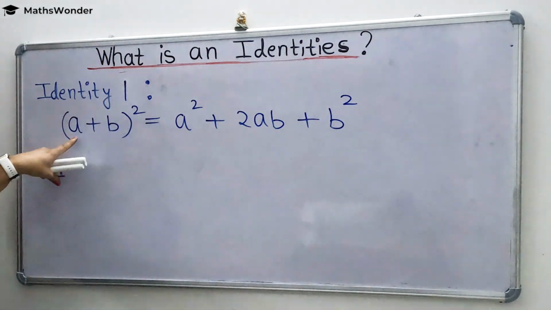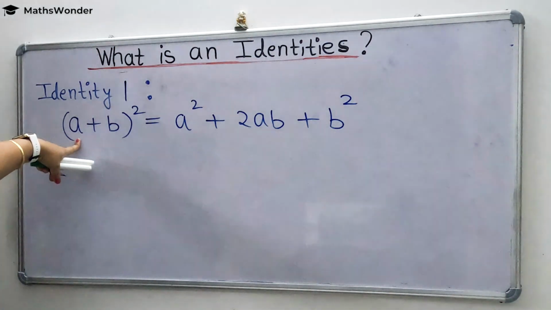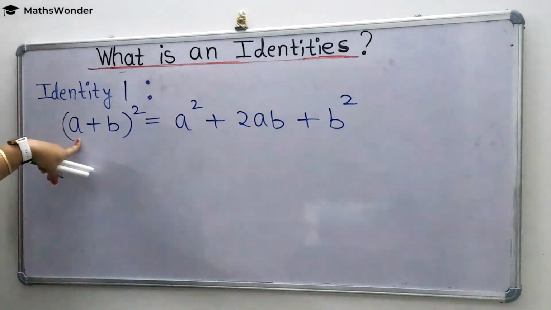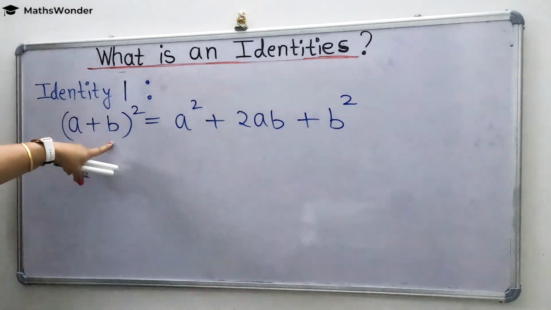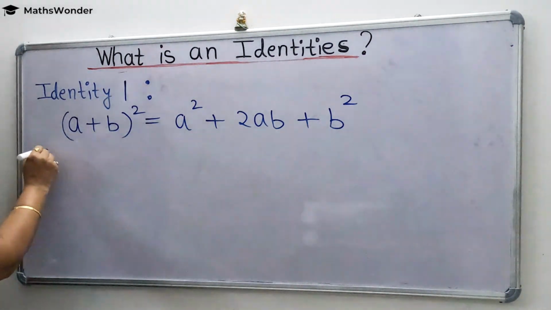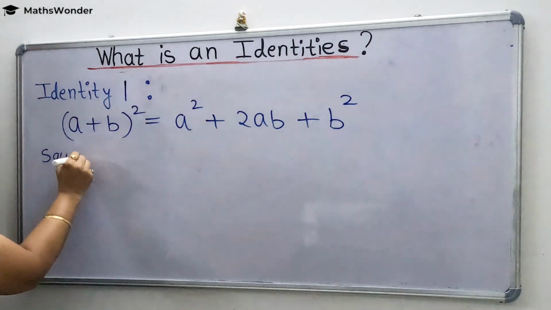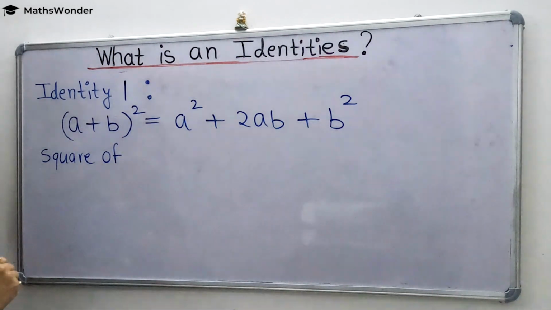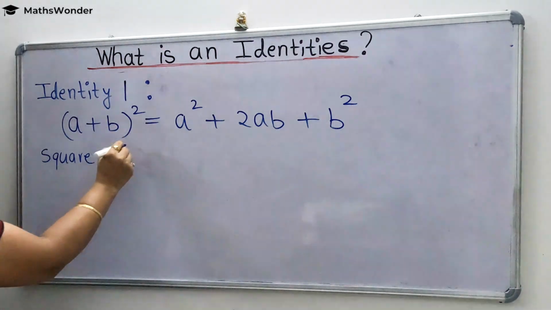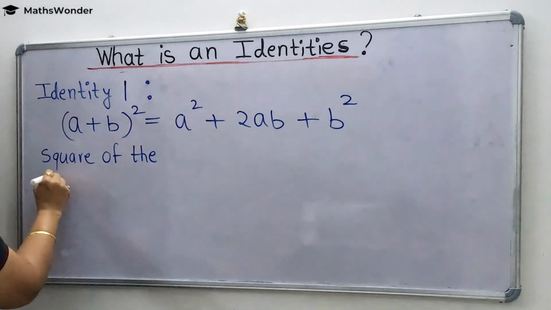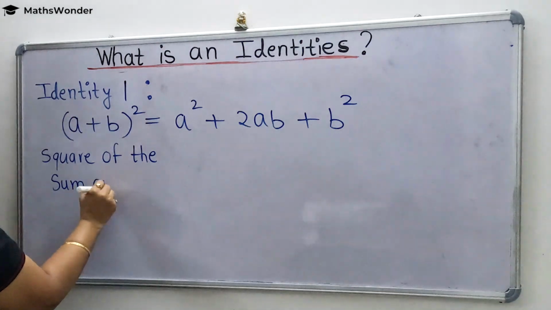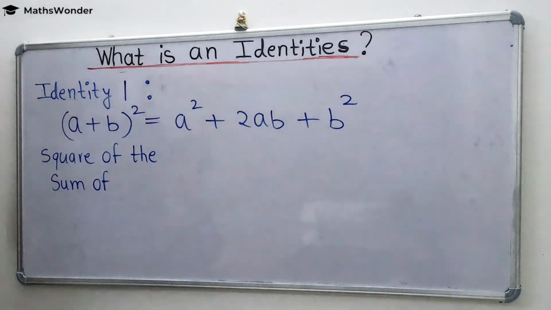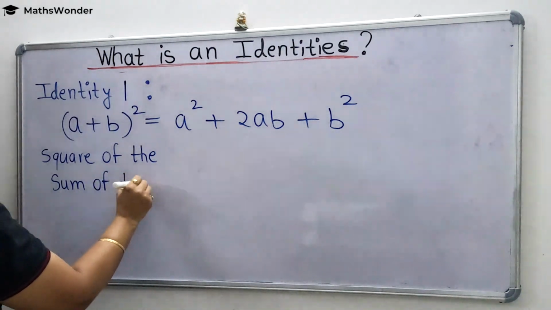Okay, so a is here the first term and this is the second term. So the left side is the square of the sum of two terms.